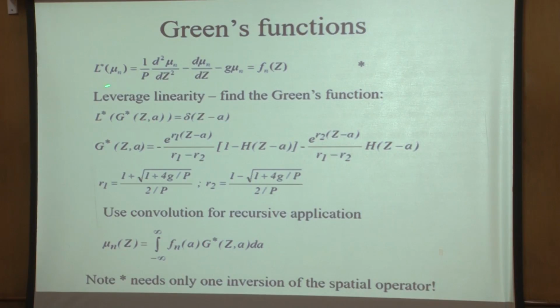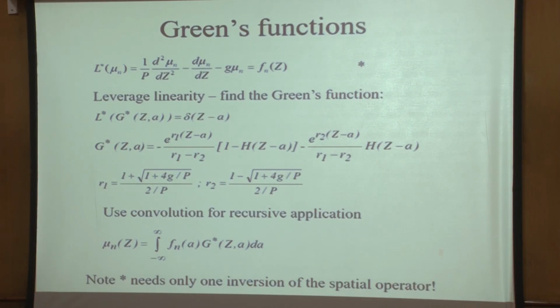So in other words, if I substitute g star in this equation and solve for the delta function on the right hand side, the solution that I get is the Green's function for the problem. Okay. And that I have to do only once. And in this case, I'll get a very simple expression. Okay. How does that help us now?